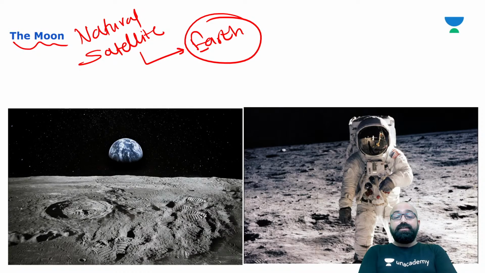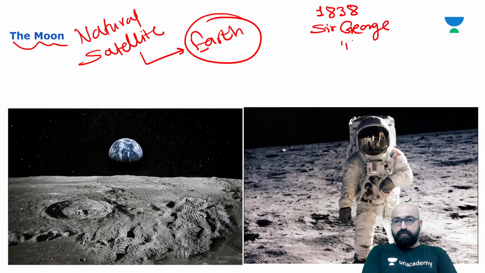In 1838, Sir George Darwin suggested that initially the Earth and the Moon formed a single rapidly rotating body, whereas the whole mass became a dumbbell-shaped body, and eventually it broke.